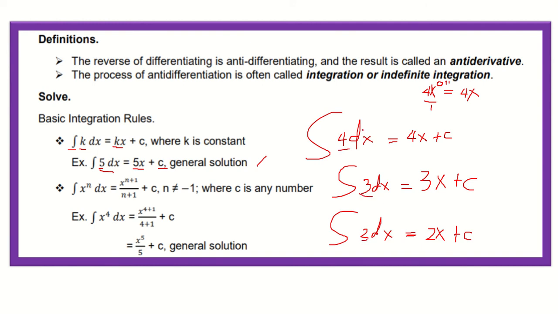What if kung integral of 4 dy, what is our answer for this? JM, Yuson. What if our problem is integral of 4 dy? What is our answer for that? Okay? So, kung wala si JM, let's proceed to Jessa.